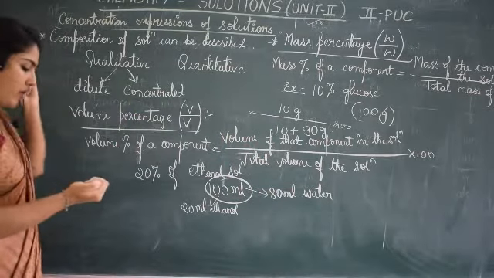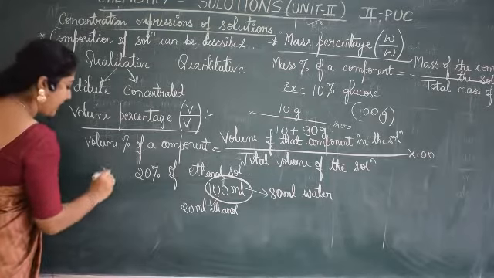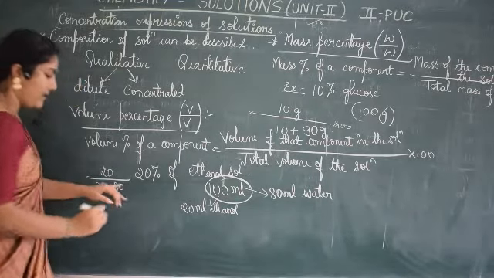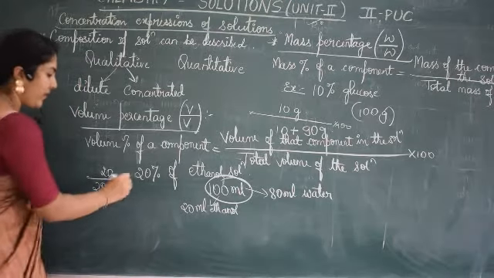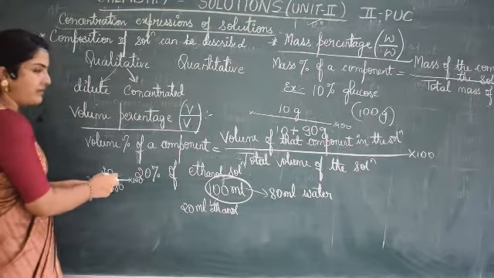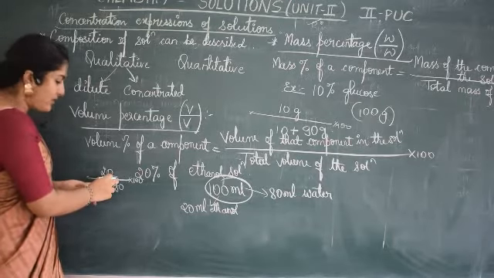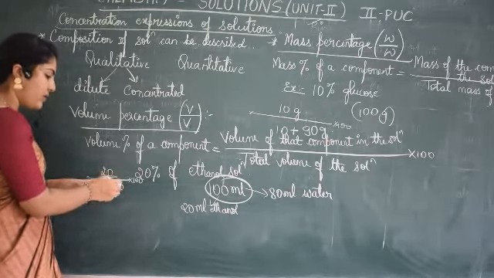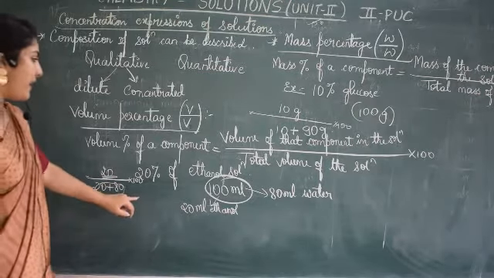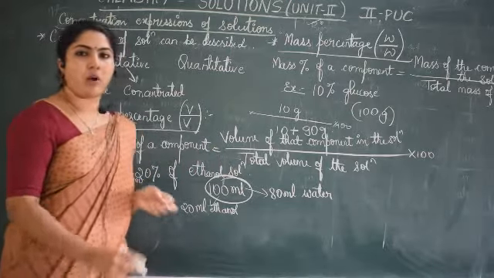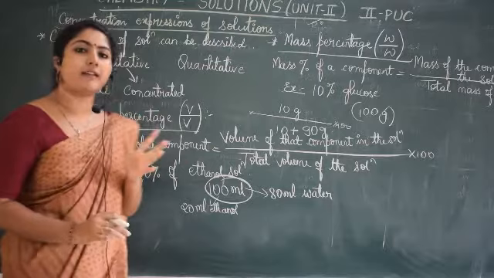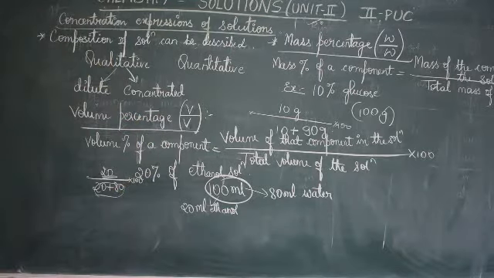So the volume of that component is 20 by 20 plus 80, that is 20 by 100, into 100. We have taken 20 ml of the component, that is solute, out of 100, into 100. So we get how much volume percentage of that component is present in the solution. This is one more way of representing the concentration.